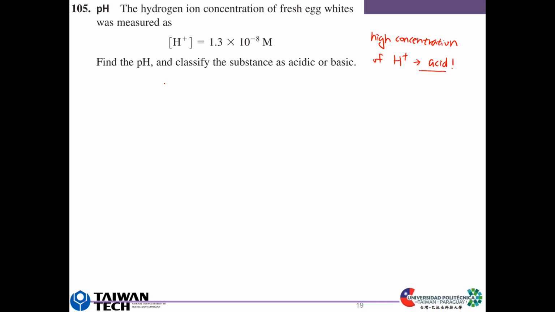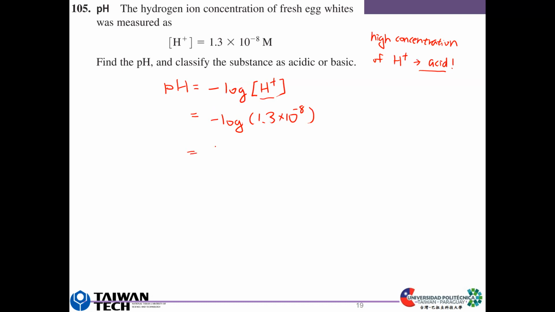So the pH value is defined by minus log of the concentration of this hydrogen ion. If we put the concentration into H plus, we have minus log of 1.3 times 10 to the power of minus 8.